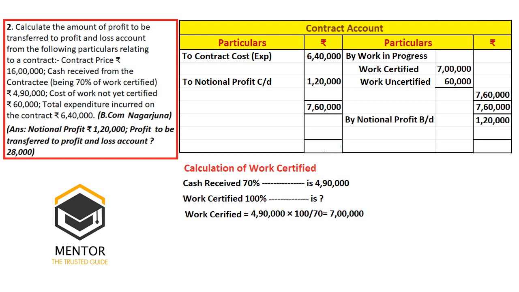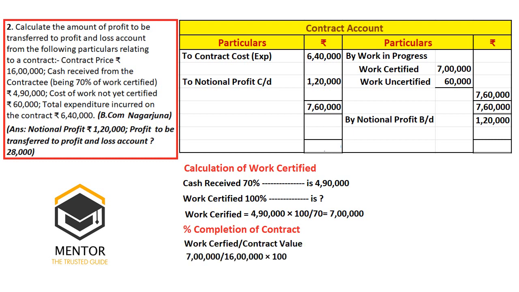Then come to the percentage completion of contract to decide how much profit should be transferred. So when you come to the percentage completion of contract, the formula is work certified by contract value into 100. So work certified is 7 lakhs, contract value is 16 lakhs into 100 is equals to, we are getting 43.75%. In the sense, the contract made the progress to the extent of 43.75%.